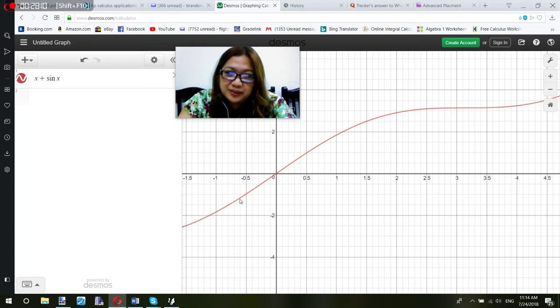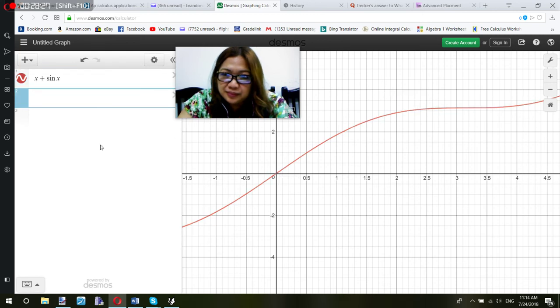So increasing, concave up until 0. Then I am increasing, concave down until somewhere around here, and I can't find the point.